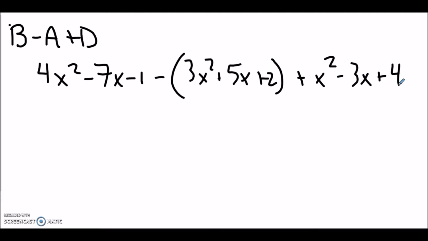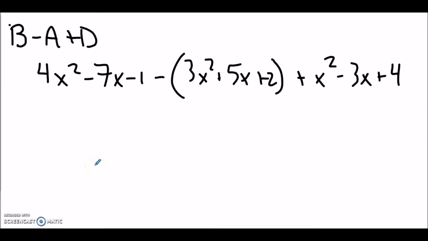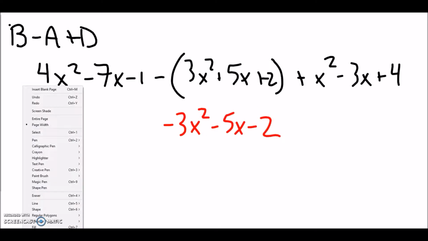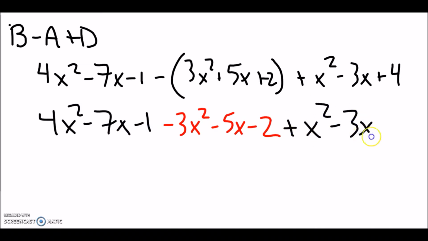We know that the negative in front of here will change all the signs. Everything else stays the same. And you notice that I'm rewriting this, and if you looked in my notebook, I would rewrite this entire thing, just so we don't make any mistakes.